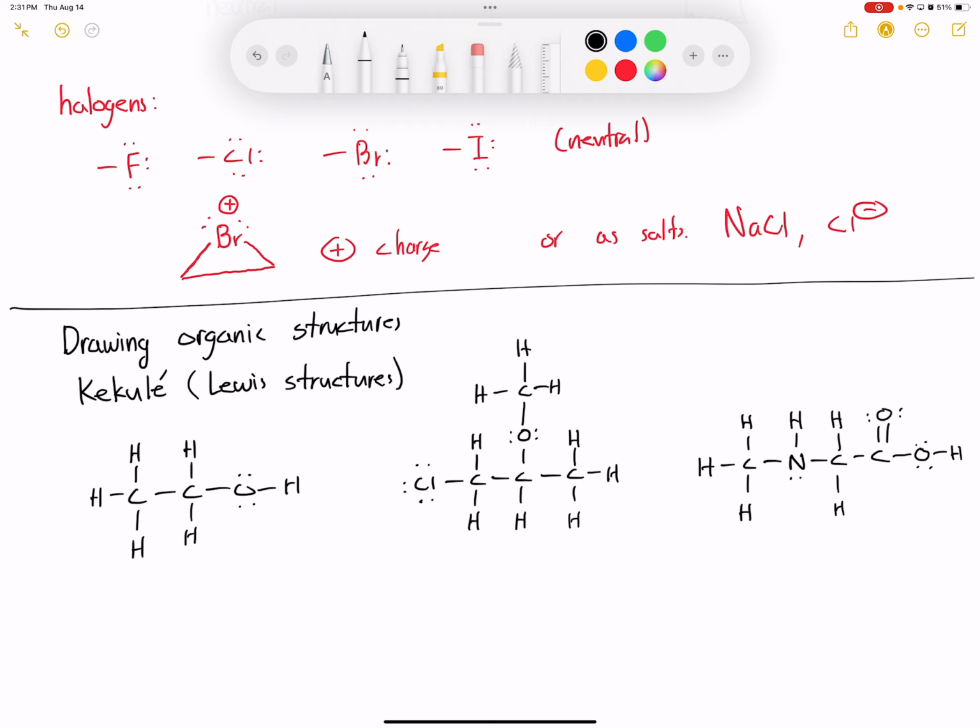Does anyone know what kind of group of compounds that is called? You have your carbohydrates, you have your lipids, your nucleic acids. What's the one for proteins called? What kind of biological compound? Do we know? Amino acid, yes. So this is actually an amino acid, but it's not the ones we usually know because these are beta amino acids.